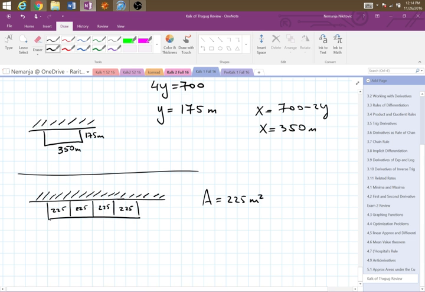What dimensions of each pen minimize the amount of fence?